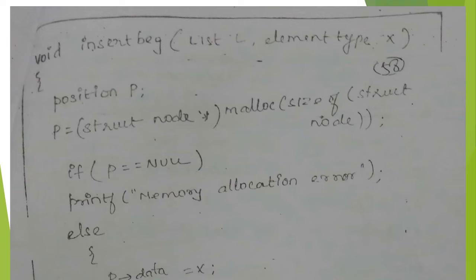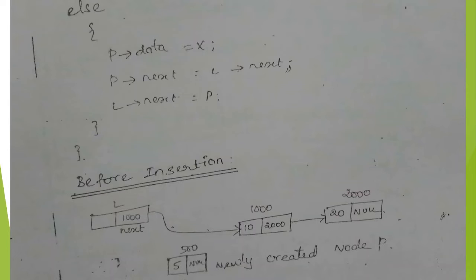Next operation is insertion of a node at the beginning of the list. For this operation, we should first create a new node P, and assign the next pointer of header L as P. In the given routine, insert_beg_of, two arguments, list L and data X, are passed. Position P declares node P and memory is allocated using the malloc function. If memory is not allocated, a memory allocation error will be displayed.